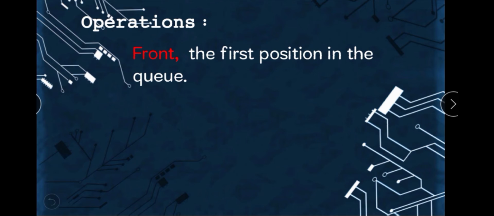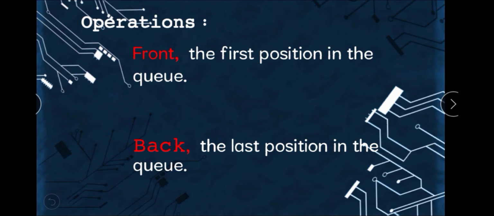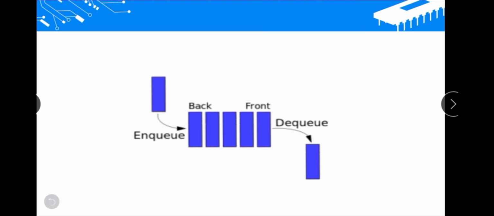There's the front, which is the first position in the queue. Another term for front is the head. And the back, which is also called the tail, is the last position in the queue. Here in the image, it is clearly shown what happens and how the operation is applied.